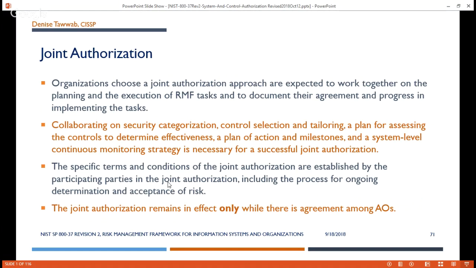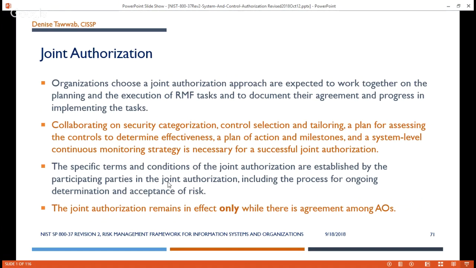They collaborate on security categorization, control selection and tailoring, a plan for assessing the controls to determine the control effectiveness, a plan of action and milestones, continuous monitoring strategies. All of that is necessary for a successful joint authorization. The specific terms and conditions of the joint authorization are established by the participating parties, including the process for ongoing determination and acceptance of risk.